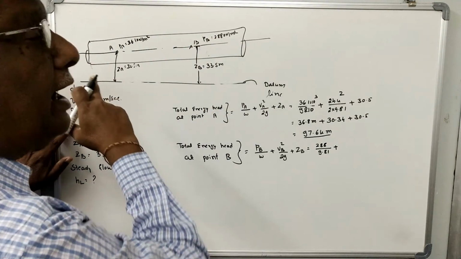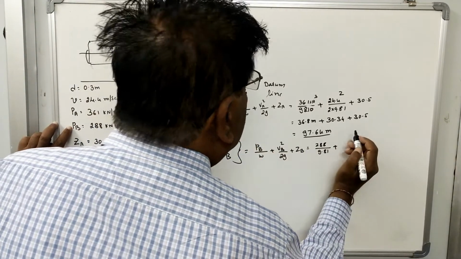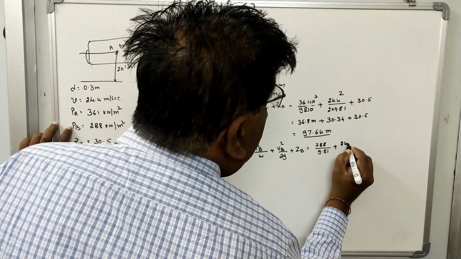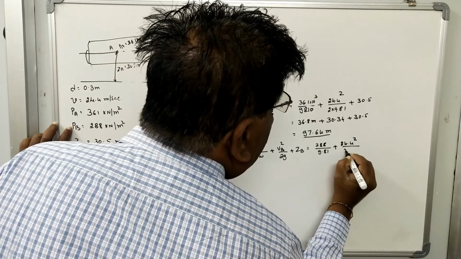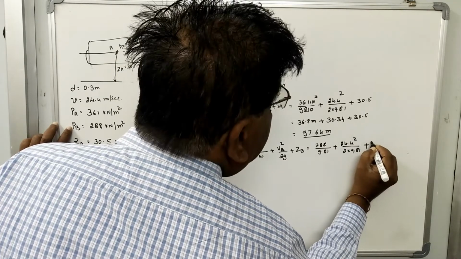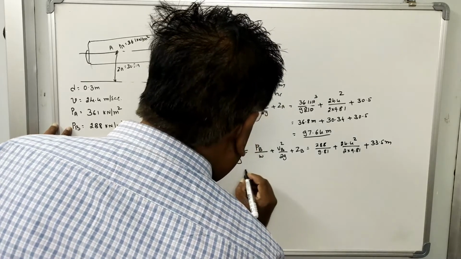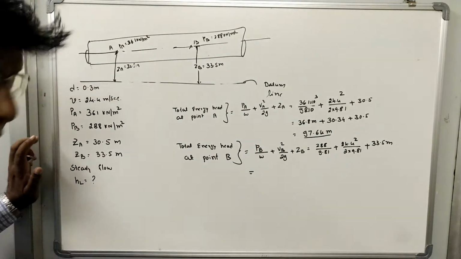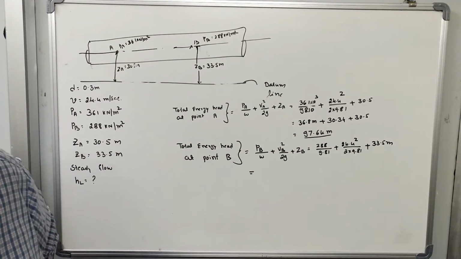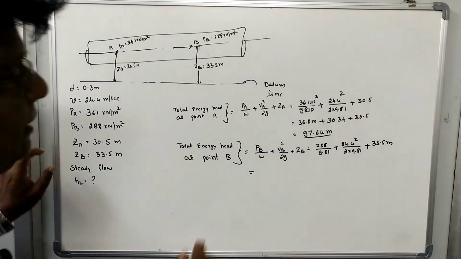Since it is a steady flow, the velocity is the same: 24.4 square divided by 2 into 9.81. Datum head is 33.5 meter. Therefore, the energy head possessed by the flowing fluid at point A is 29.36.